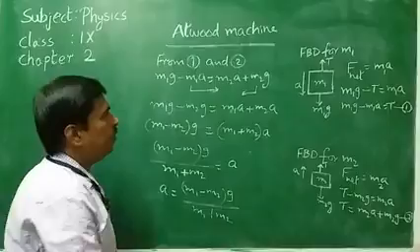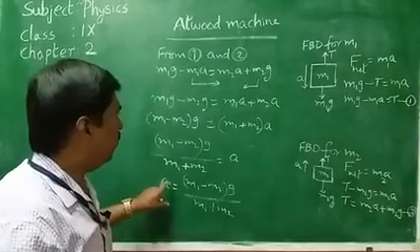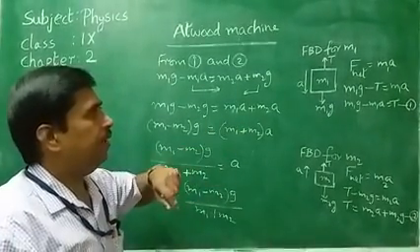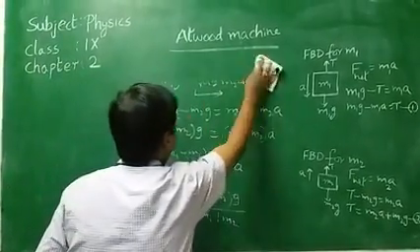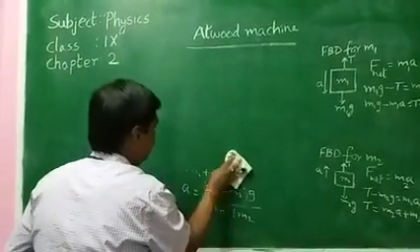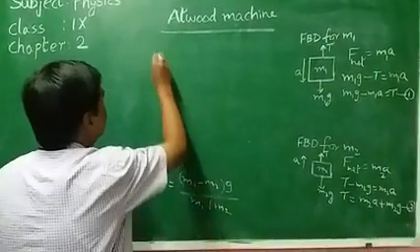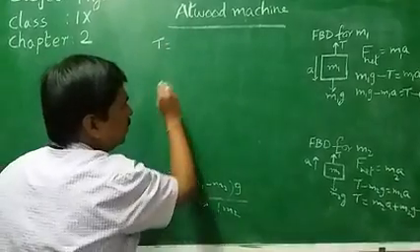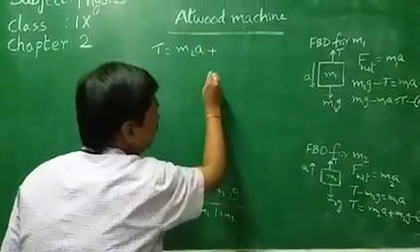Similarly, you can find the tension acting on the object. If you put the value of a in any one of the equations, you are able to get the tension. From this acceleration value, if you put it in equation 2, T is equal to M2a plus M2g.